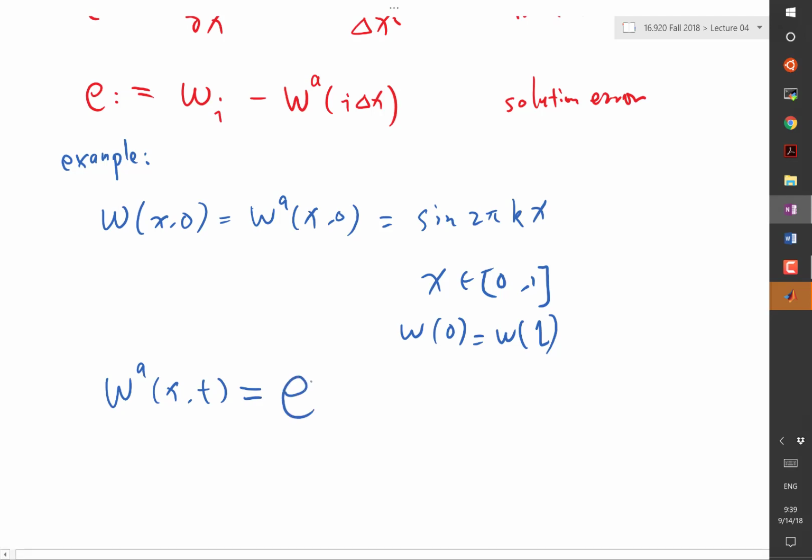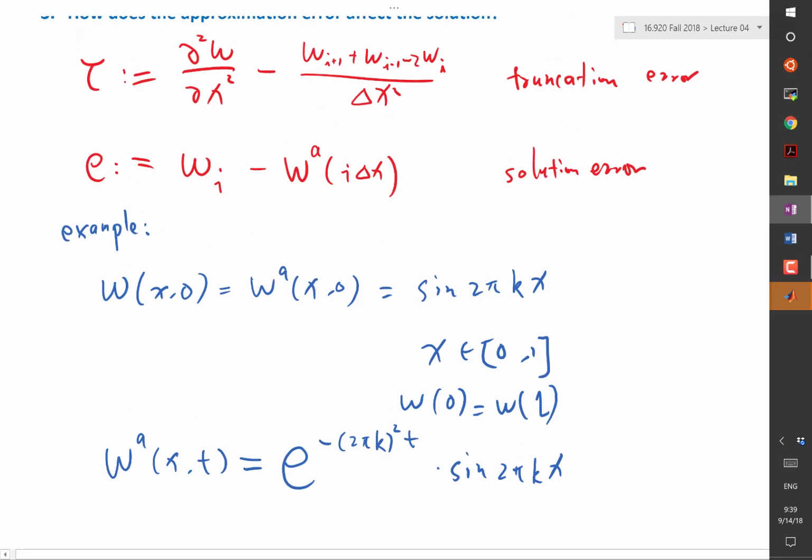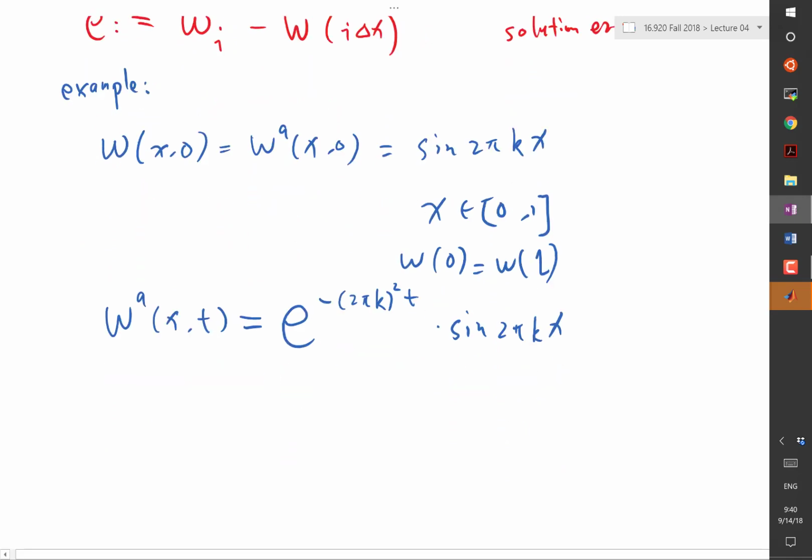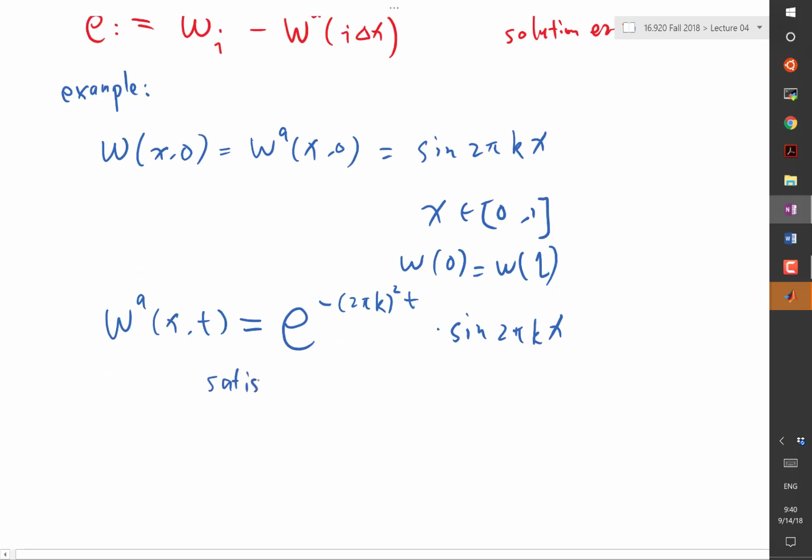The rate of the decay is minus 2 pi k squared times t, times sine of 2 pi kx. You can easily plug this into the analytical differential equation and show that it satisfies partial w analytical, partial t equal to, here kappa is equal to 0, the second derivative of wa with respect to x. So that's our analytical solution. We already know that.